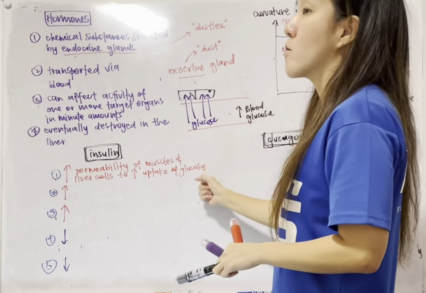Why can we not store glucose? Why must we store it as glycogen? If you store high amounts of glucose inside the cell, good or bad? Why? Because the water potential inside will become very low, so more water will move into the cell, and the cell can potentially burst.